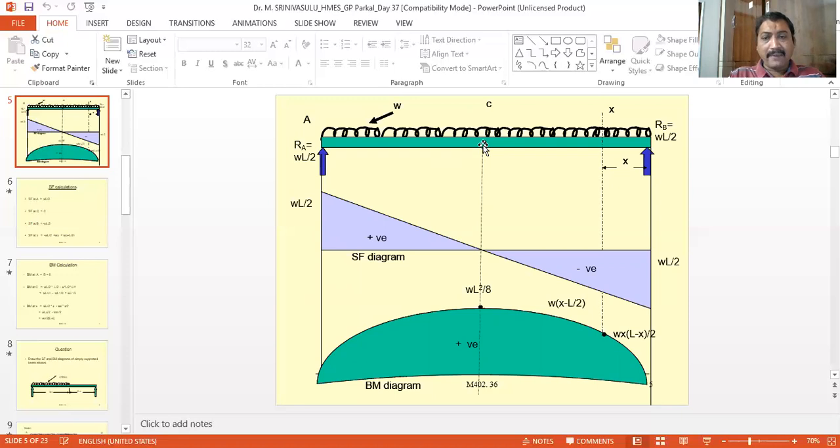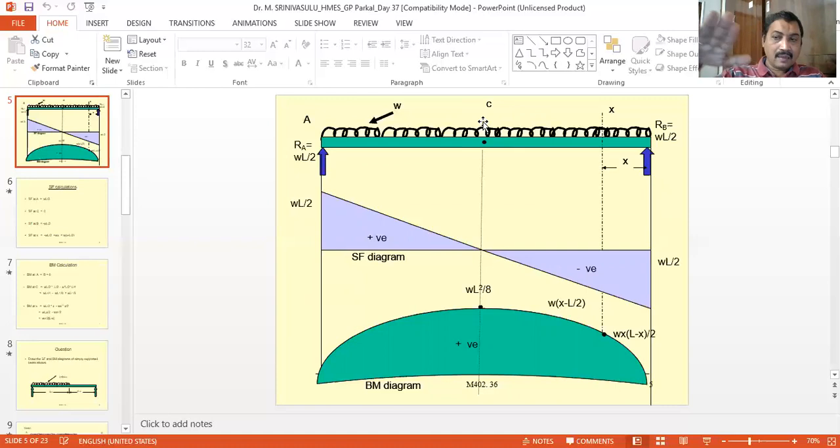So we have to consider either the left or the right. Wherever it is possible, you consider the right of the section. Now considering the forces acting towards the right of the section.